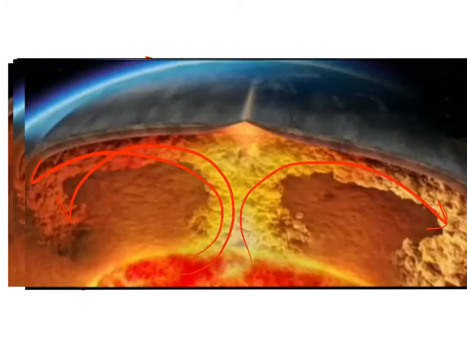Now, what happens over time as these convection currents continue? The crust and the tectonic plates, which are here in the crust of the Earth, are resting on top of the mantle. If this is happening underneath them, what's going to happen eventually is that these plates are going to move.